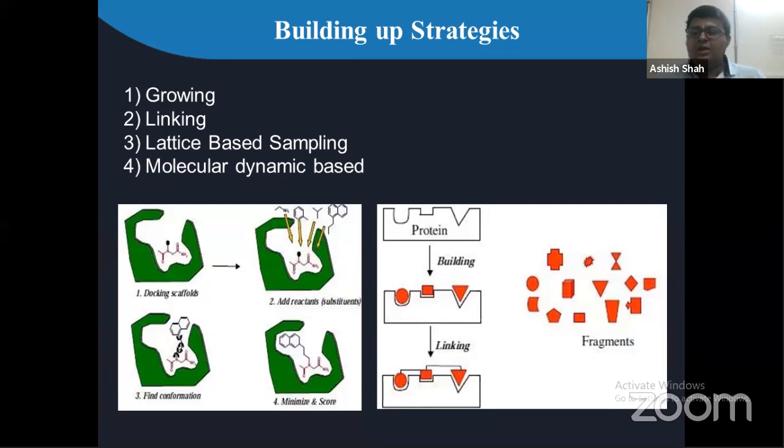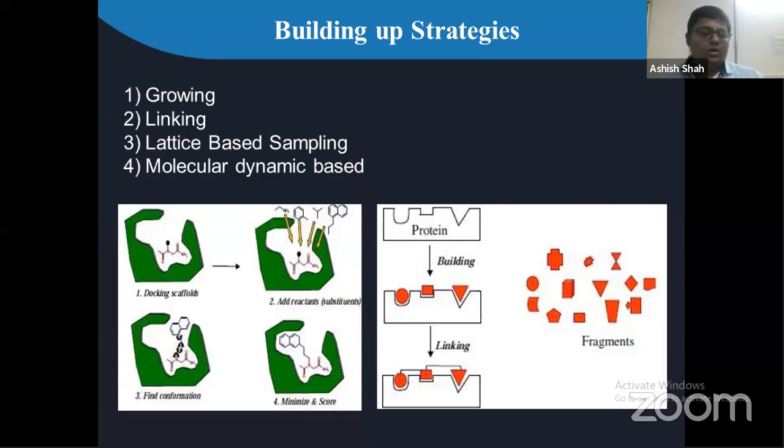Now, in which condition should you go for fragment-based drug design? Suppose you have some compounds or drugs, but none of them are effective. You have checked all the things, but they are not effective. Next, your task is to go for fragment-based drug design. If there is an unavailability of existing drugs to treat your disease, then you can go for this fragment-based drug design, but it requires that the protein structure should be known.